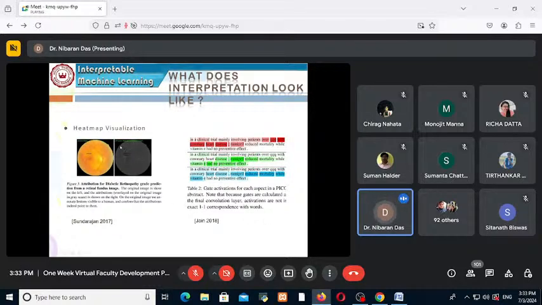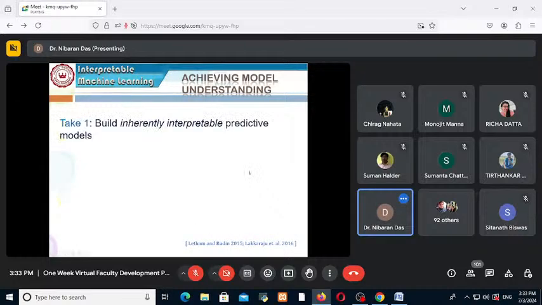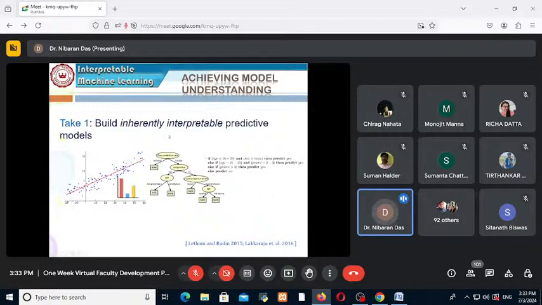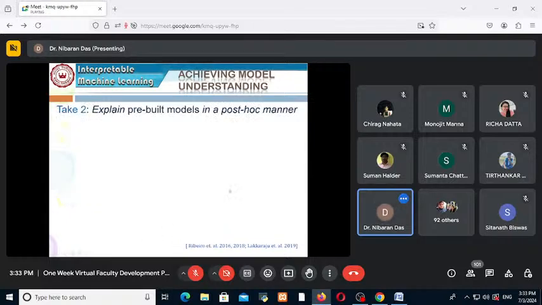So these are some heat maps, or we could identify particular text based on some words within the text, and we can build inherently interpretable predictive models using logistic regression or the corresponding decision tree. Here this is a model, but we do not know what is in it.